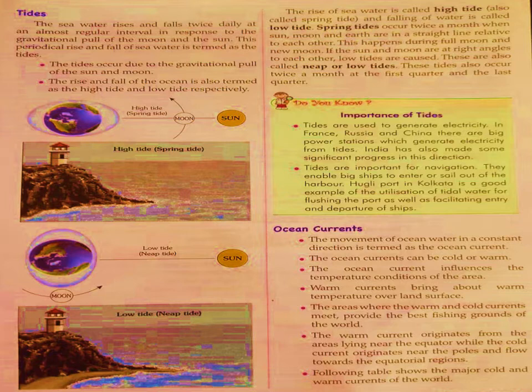So these warm currents originate from the equator, and these cold currents originate near the poles, and they flow towards the equatorial regions. They start from polar regions, that is why they are cold.